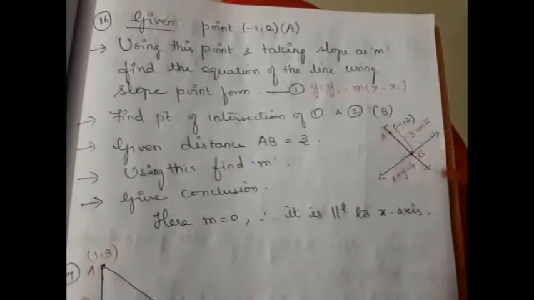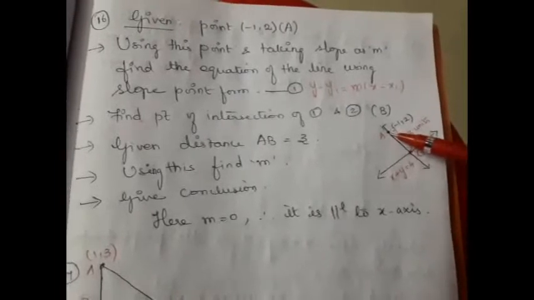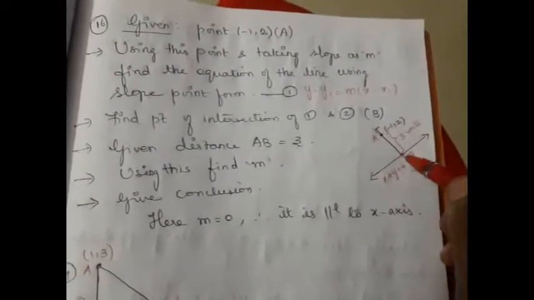I repeat, they asked you to find the direction of the line which passes through the point, and whose point of intersection with another line is at a distance of 3 units from this point. They have given you the distance between these two points. So if we know this point, we can apply the distance formula. To find this point, we need the equation of this line.